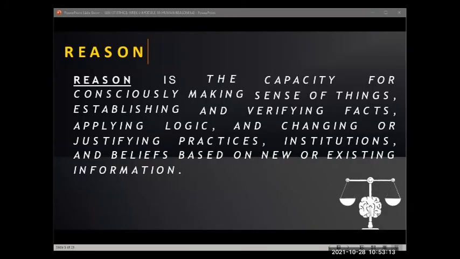Let us define what is reason. Reason is the capacity for consciously making sense of things, establishing and verifying facts, applying logic, and changing or justifying practices, institutions, and beliefs based on new or existing information.